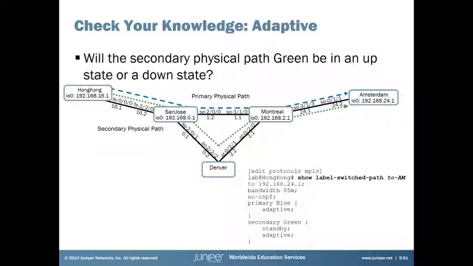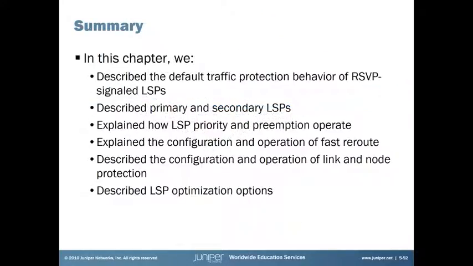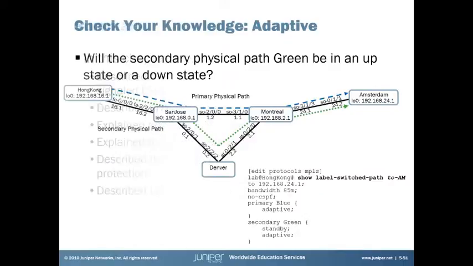So what that means is that the path is actually signaled up. Now, we've got a bandwidth requirement of 85 megs. How do we get the 85 megs? That is the question. I don't see anything there that's telling us we don't. So we'd say that yes, it is in fact signaled up.